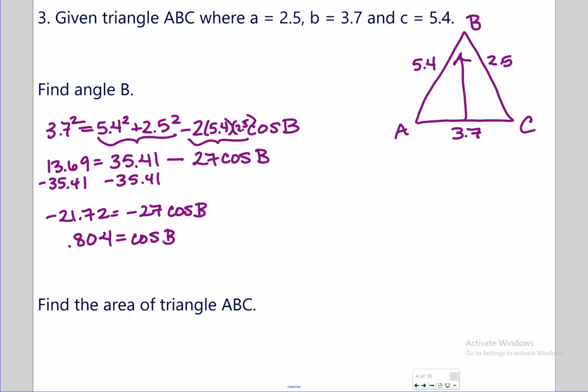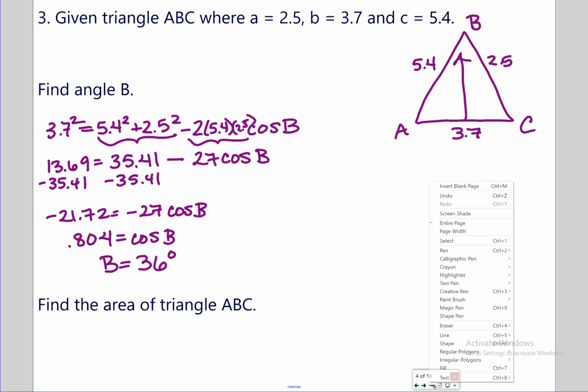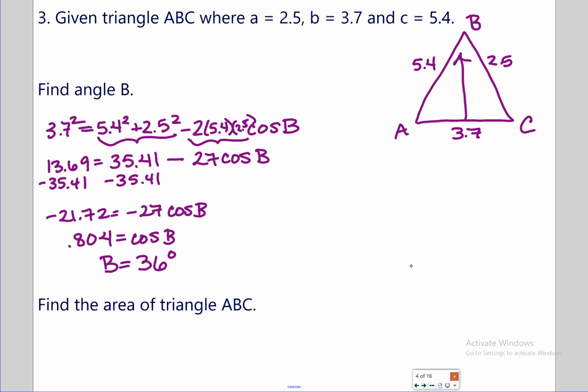And then last step, make sure you do inverse cosine. And to the nearest degree, it's 36.44. So I'm going to say 36 degrees. Okay. So let me squeeze that in there if I can. 36 degrees.